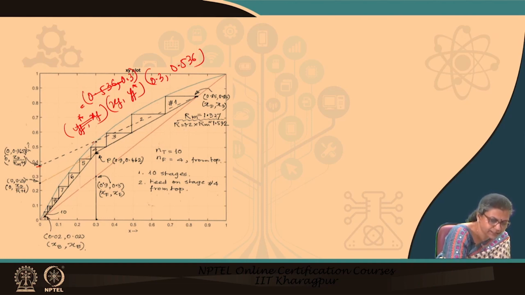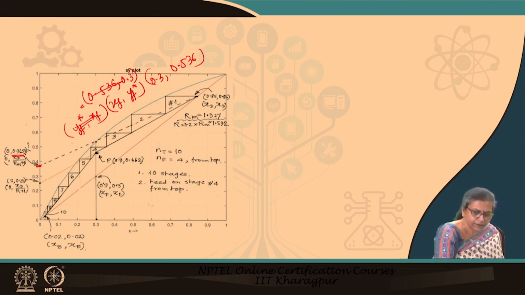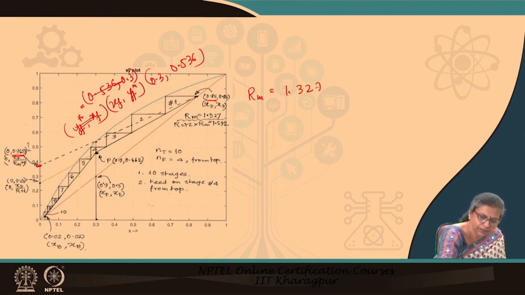When we extend it, the intercept is at 0.3653. We know XD equals 0.85. So, from there we can find out R m. If you find out R m, you will find that this corresponds to 1.327.